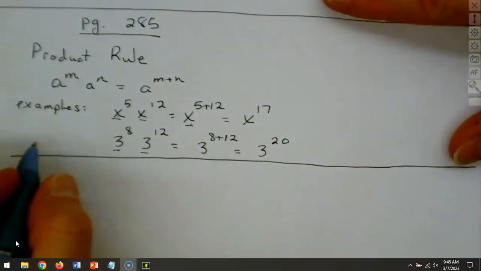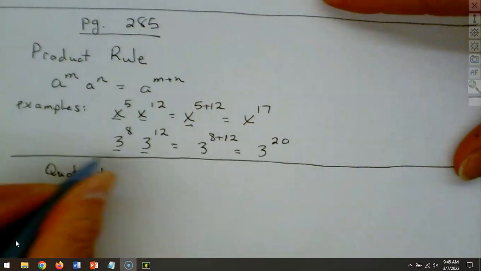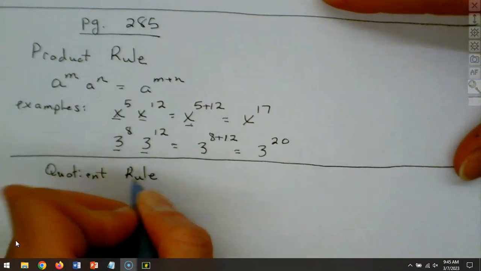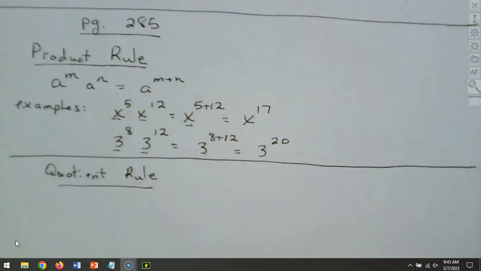Quotient rule is dividing. Now, when we talk about multiplying, what happened to the exponents? When we multiply, the exponents add. Okay? So, quotient is divide. When we multiply, we add.